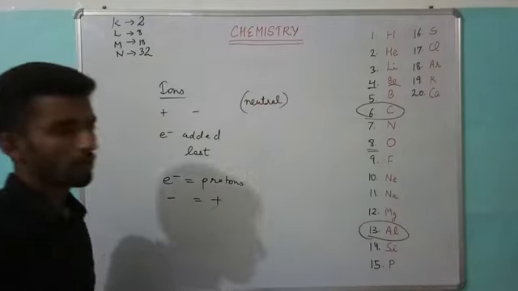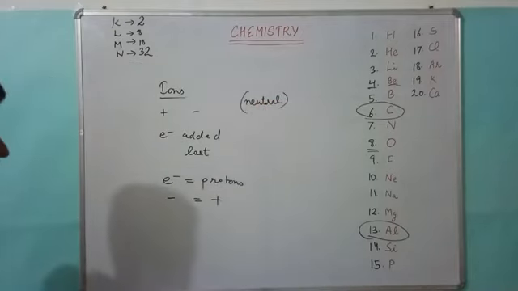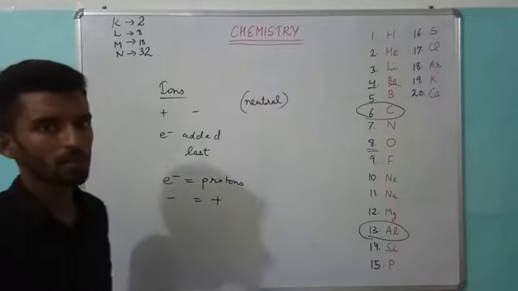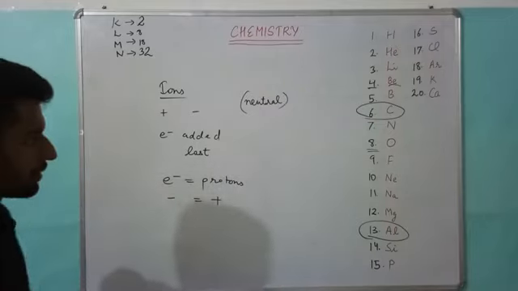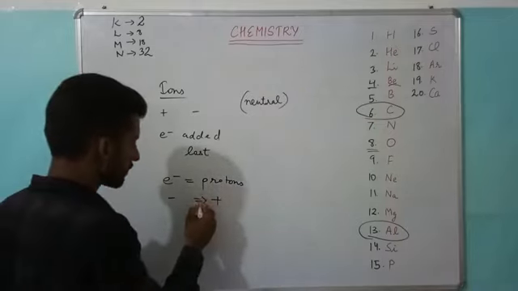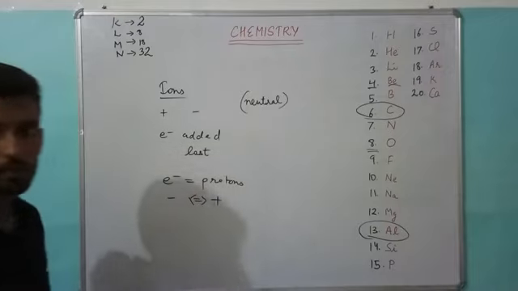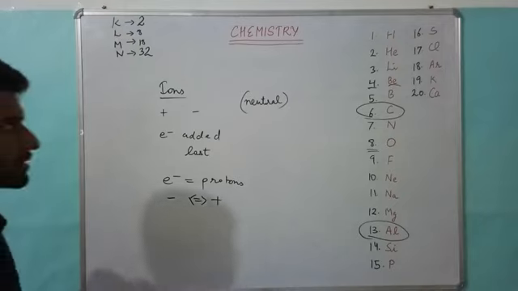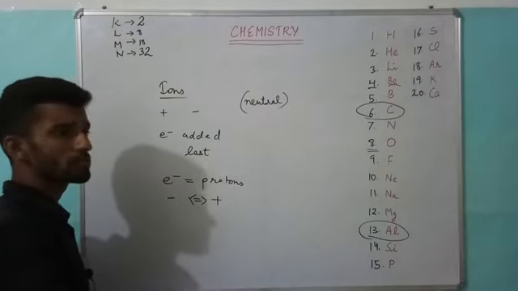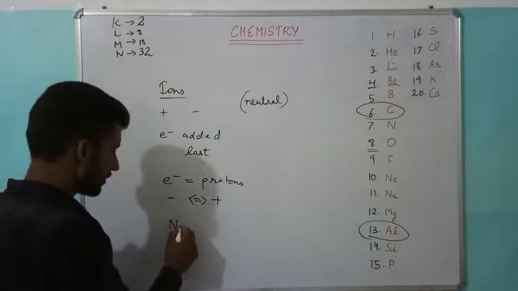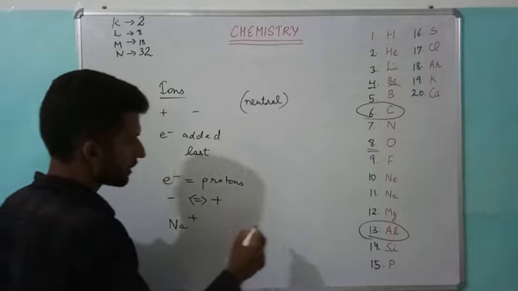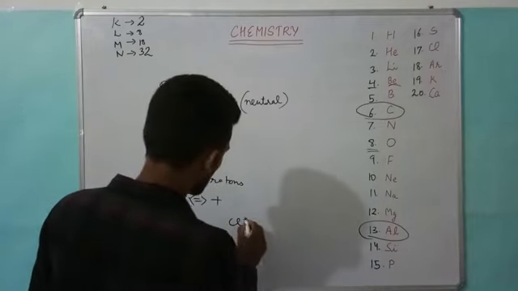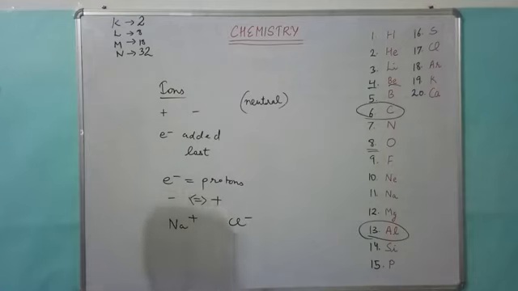But whenever chemical reactions occur, there is electron transfer. Due to the transfer of electrons, one atom may get positively charged and another may get negatively charged. The atom which loses an electron acquires the positive charge, and the one which gains an electron acquires the negative charge.